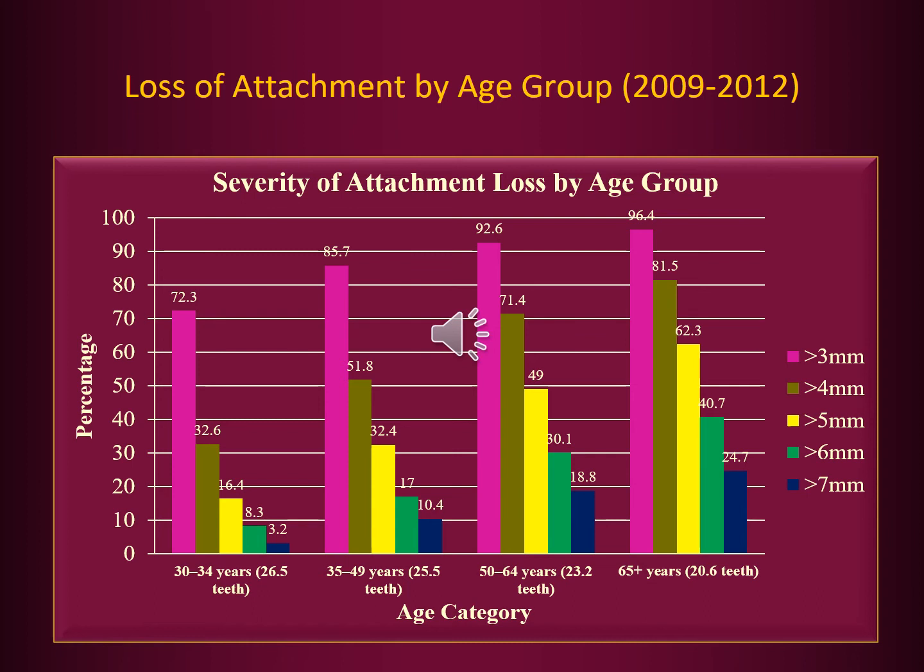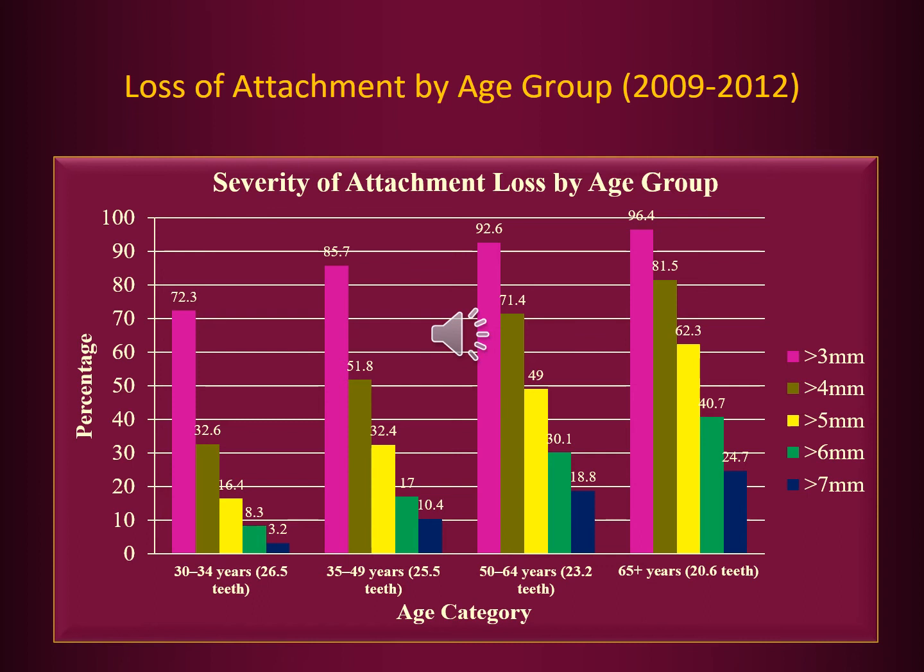For the other categories. But I think the general trend is that if you look at the number of individuals or percent of individuals per category, that number increases with increasing age. So if you look at those who are greater than 3 millimeters, which are in the pink, you can see that number increases over time for the different age groups.